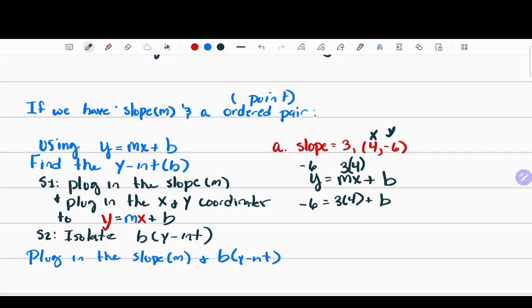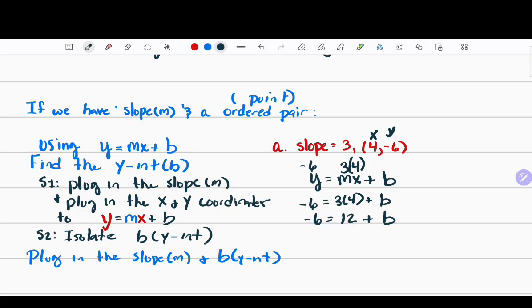Now, the next part says isolate the b, isolate that y-intercept. Before you can move anything, if you have adding, subtracting, multiplication, or division, you have to do that first. So I got 3 times 4, which is 12. So we have -6 is equal to 12 plus b.